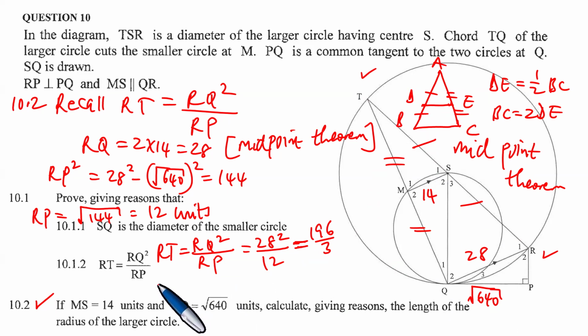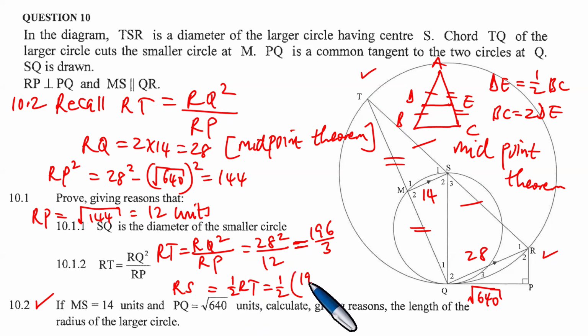We can take any radius, like TS or SR. Let's take RS. RS is a radius, half of RT, which is half of this.